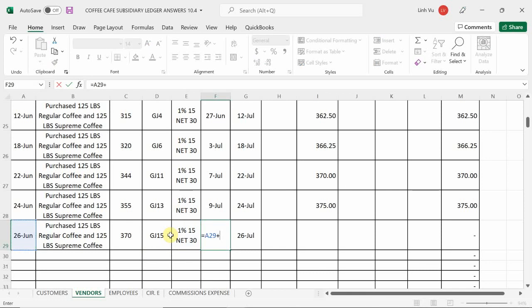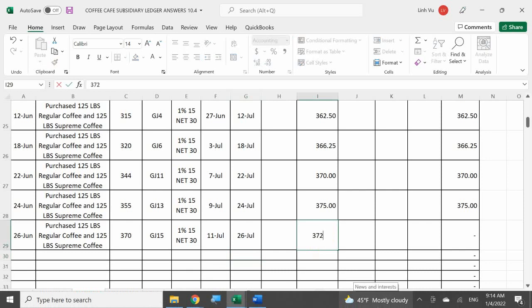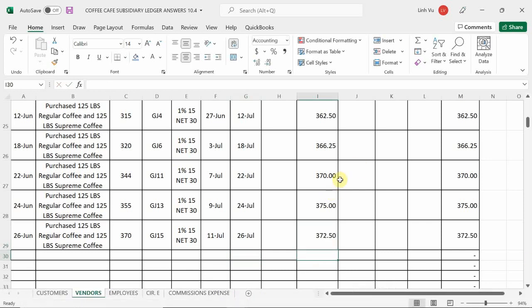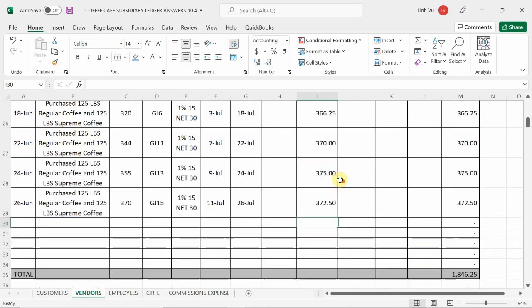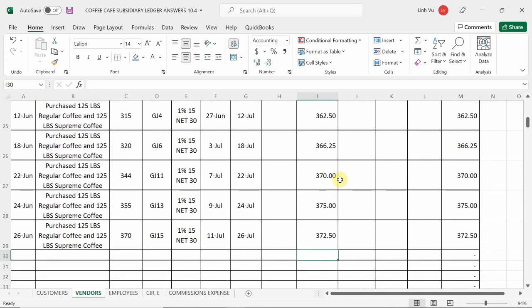So when's my discount due date? July 11. July 11. And then my actual due date is the 26th of July. Okay, for a total of 372.50, which once again we're not making a payment to.